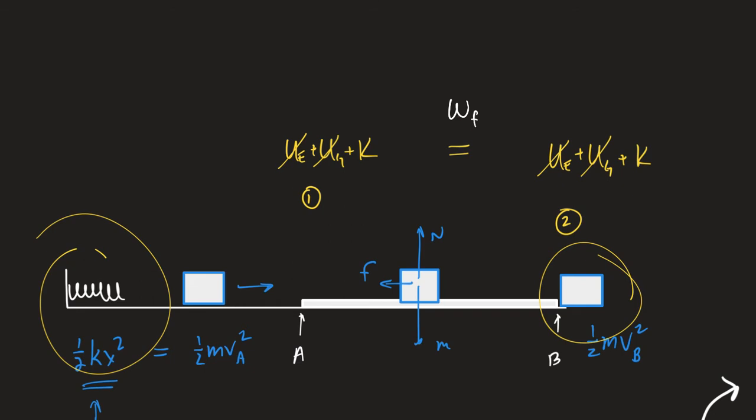I'm going to tell you how I feel about this, and let's see what you guys think. I am a pragmatist. The object had this amount of kinetic energy at point A. The object has this amount of kinetic energy at point B. However, we know they're not equal, but there's energy still in the system.